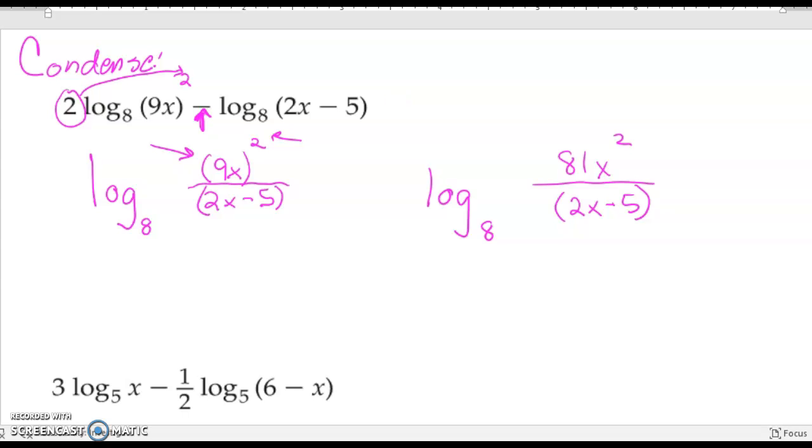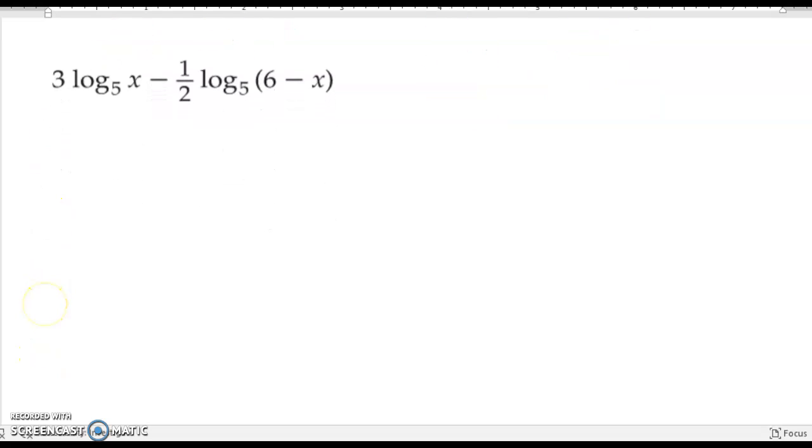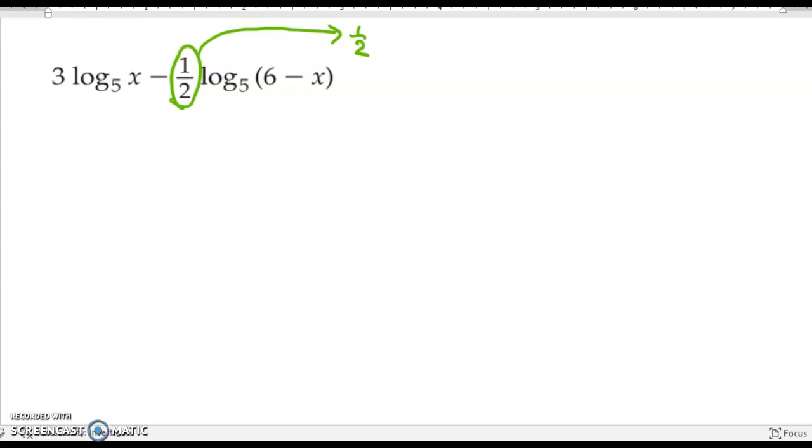Okay, one more. We'll start by moving the 1/2 back into its exponent position, so it's no longer out in front. And the 3 as well. We'll move the 3 back over top of the x, so it's no longer in the front.